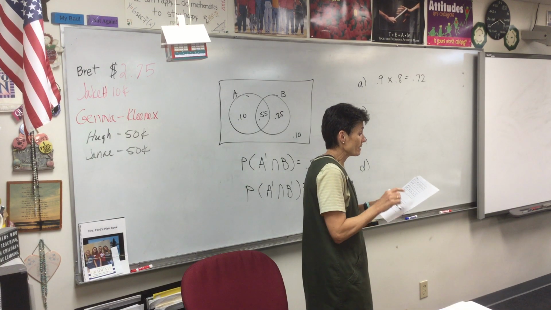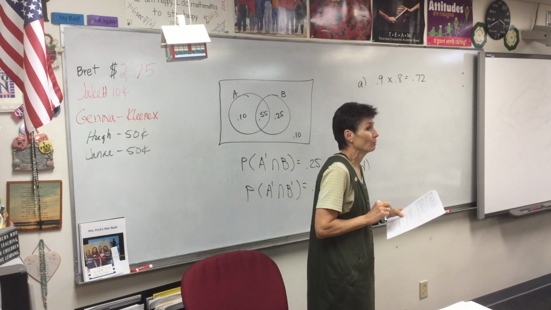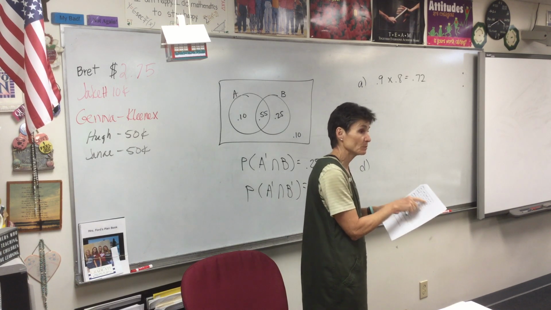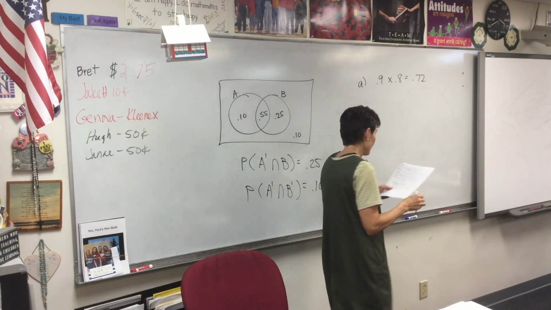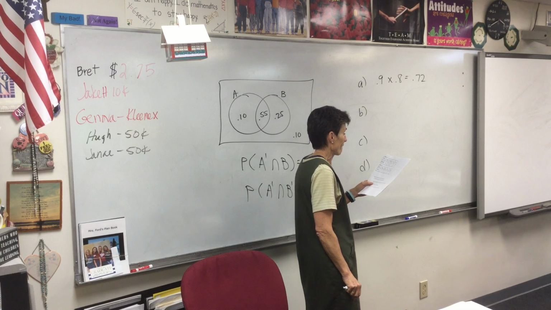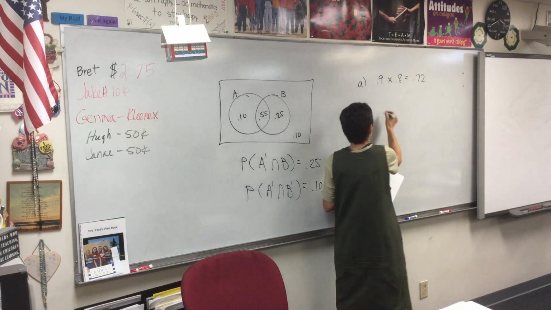If there are 0.1 who like science, there are 0.9 who don't. That has to add up to 1, too. It does. Okay. Yeah, they do add up to 1. All right, what's the probability the first one likes English? First one likes English, 0.2.